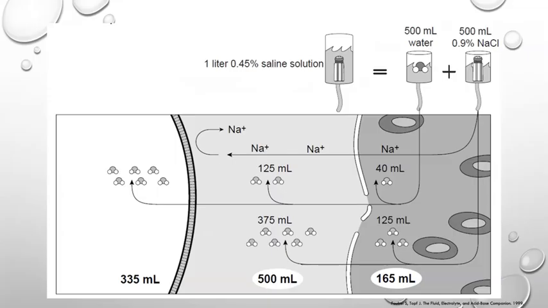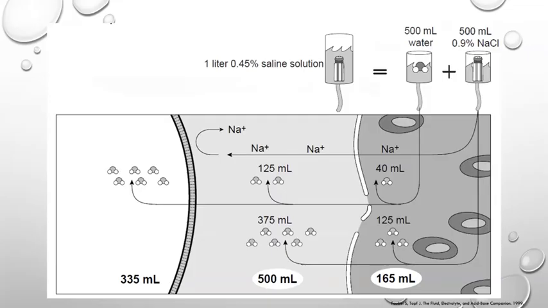The concentration of each compartment hasn't changed, and so you're just adding volume to the extracellular fluid. Then the second 500 mL of the bag, which is just water, goes into the plasma because it doesn't contain any solute.